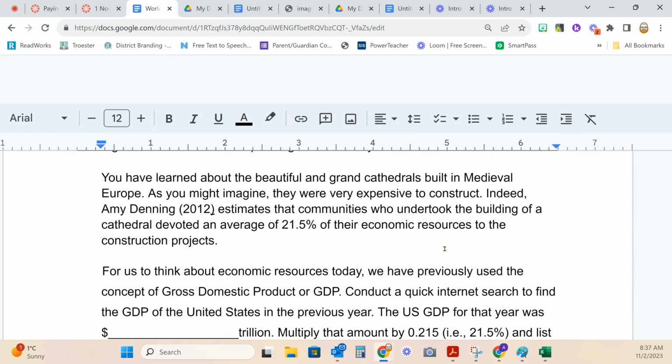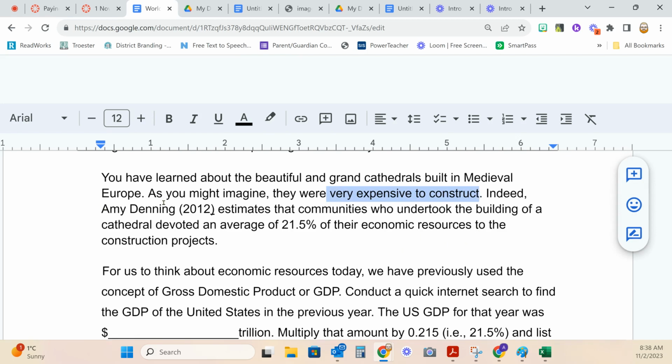You have already learned last week about those beautiful cathedrals that were meant to be cities of God with beautiful flying buttresses and stained glass windows, all kinds of things. As you might have guessed from the video about cathedrals, these things were incredibly expensive to build.